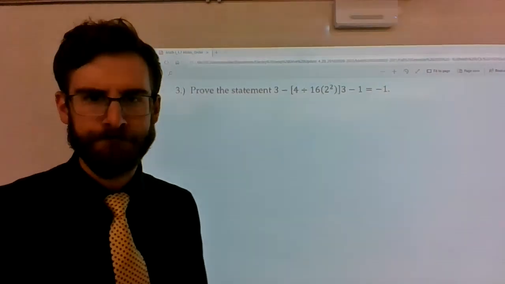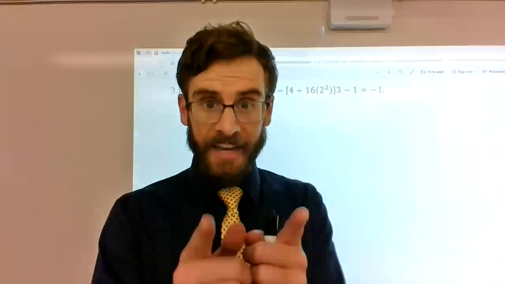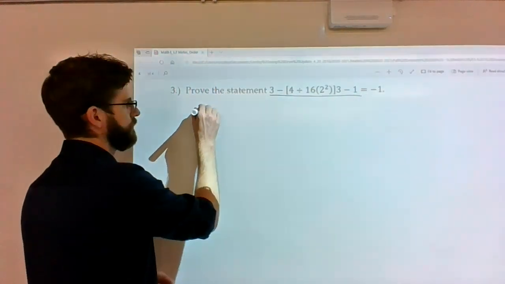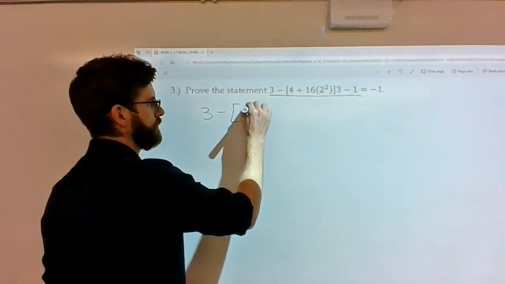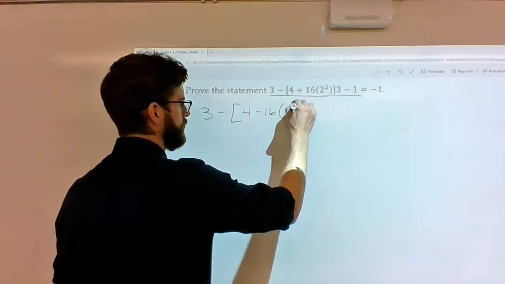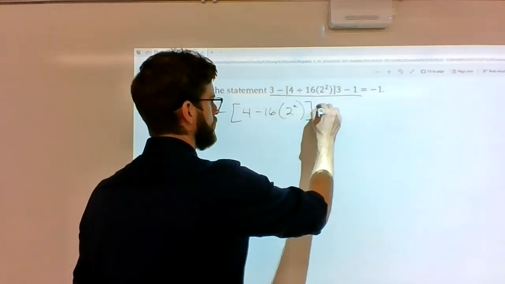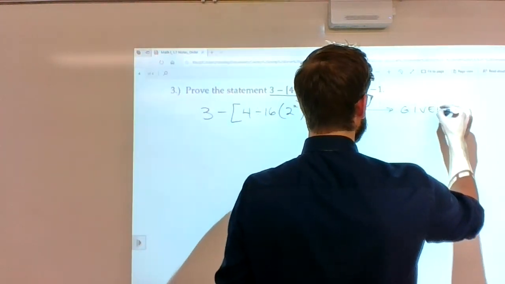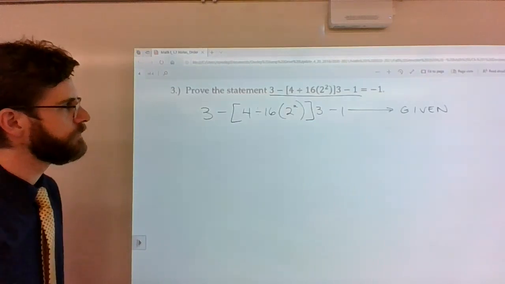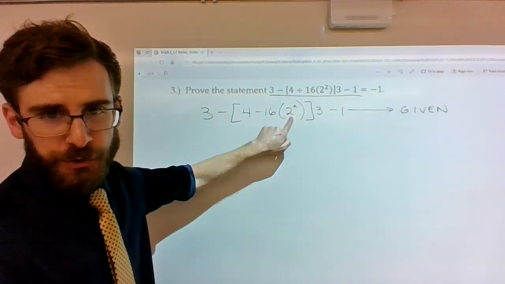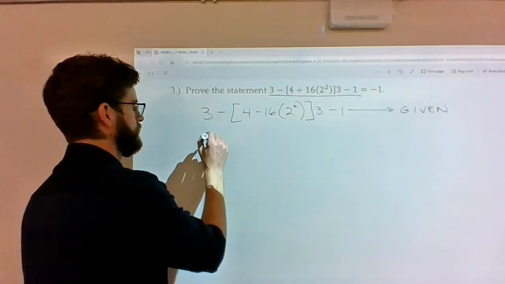All right, last one. So you've got your given. That's the first thing we do. Okay, brackets mean parentheses, so we've got more parentheses. That 2 squared's got to happen first.